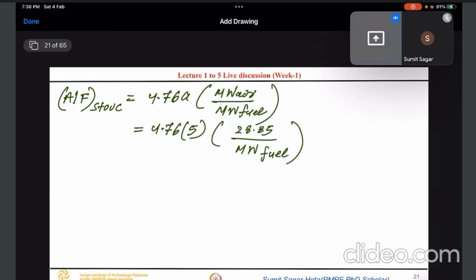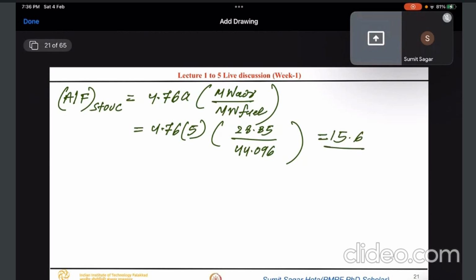Sorry, I forgot to write down the molecular weight of the fuel. For propane it is 44.096, which gives 15.6.